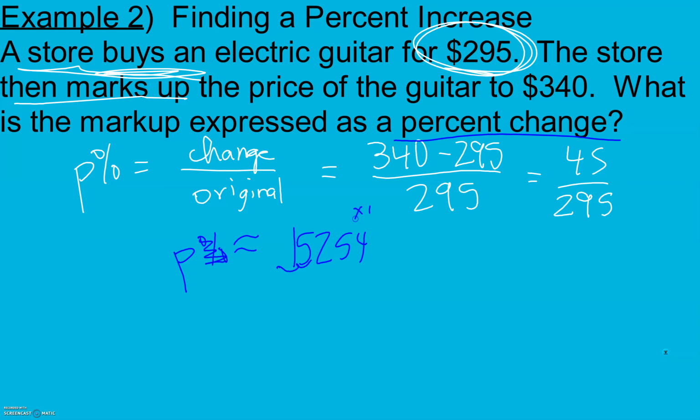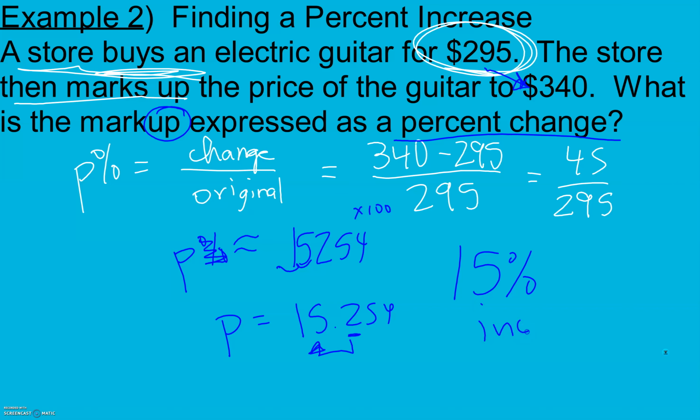So 2 places or multiply by 100. I get 15.254. Here we're going to round to the nearest percent again. So I look at my first decimal after what I'm looking for. 2 rounds down. So 15%. It's a markup. I went from a smaller number to a bigger number. So this is an increase.